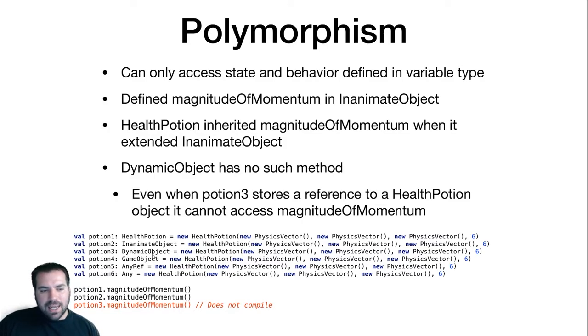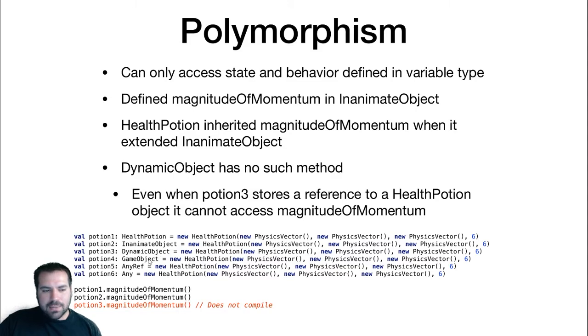But when we get to dynamic object, the dynamic object class doesn't know anything about the magnitude of momentum method because it was defined in inanimate object. Inanimate object extends dynamic object, but dynamic object doesn't know anything about inanimate object. So when I have a variable of type dynamic object, I cannot access that method.